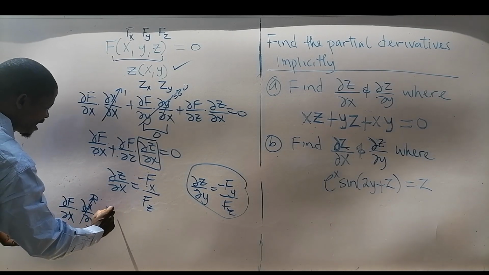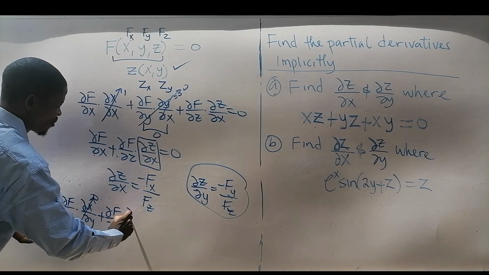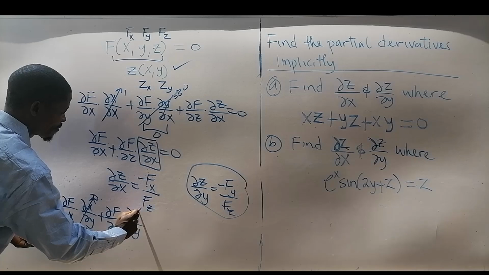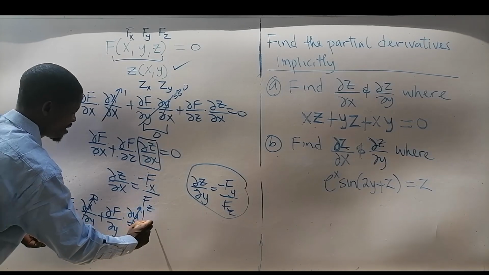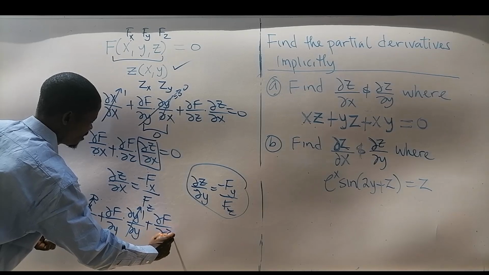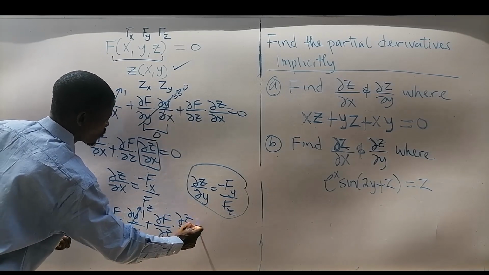So plus ∂f/∂y times ∂y/∂y, which is 1, then plus ∂f/∂z times ∂z/∂y equals 0.